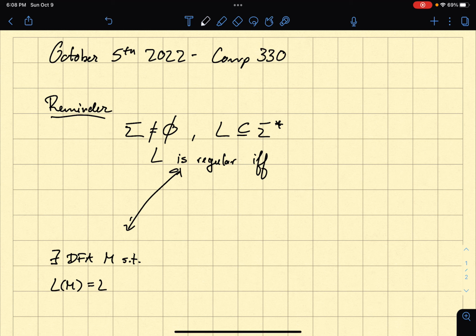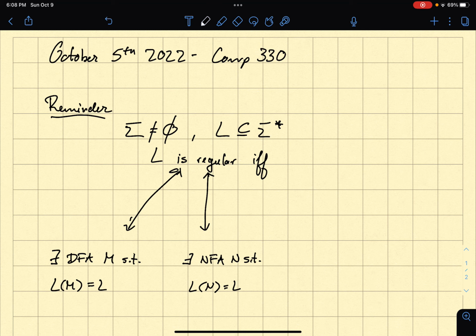Then for the first few lectures, we saw how to create DFAs to recognize languages. And then we moved on, and we also saw the notion of non-deterministic finite automata. We saw that if there is an NFA N that recognizes the language L, then this also means that L is regular, and this is also an if and only if.